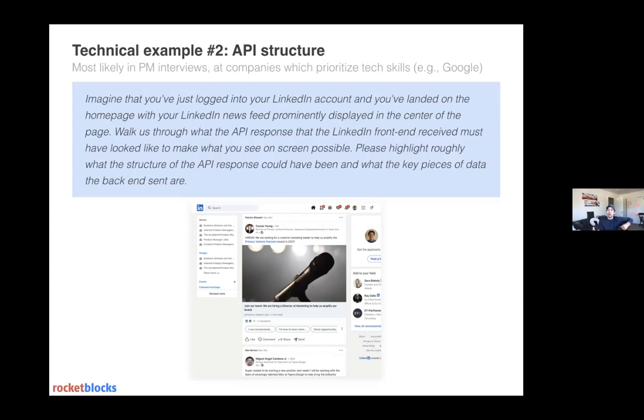Again, similar concept, but it's asking you to think about APIs within the context of a specific product, and going a little deeper and starting to talk about what type of data is in it, and maybe how that data is structured. That type of stuff. So it goes a little deeper into the type of discussion you might have on the job if you were a product manager, talking to your engineer about, say, changing something in the LinkedIn newsfeed.